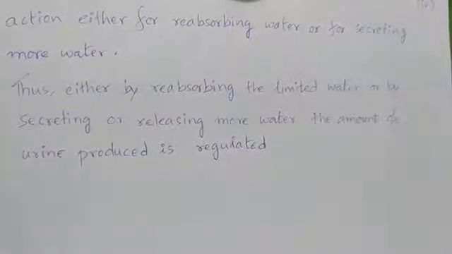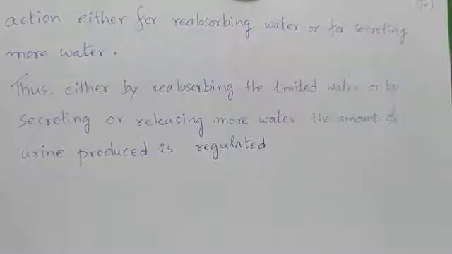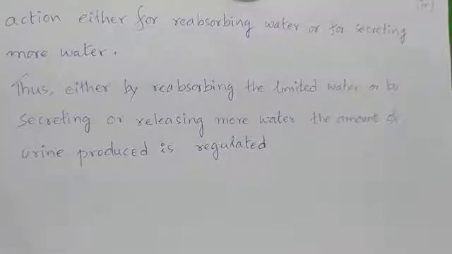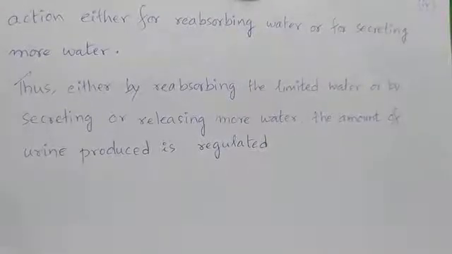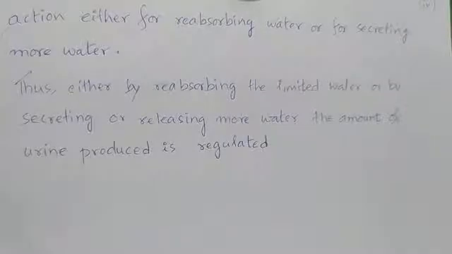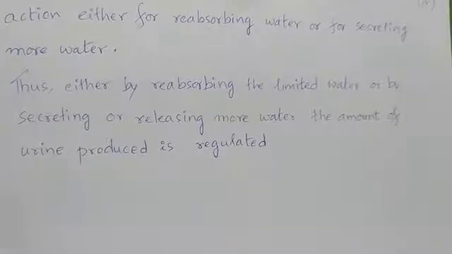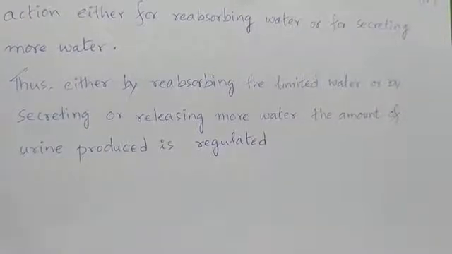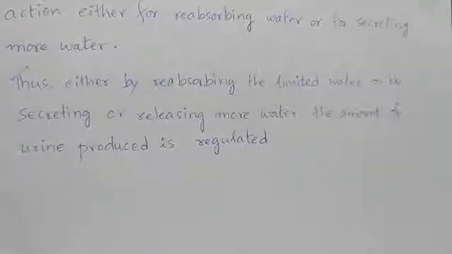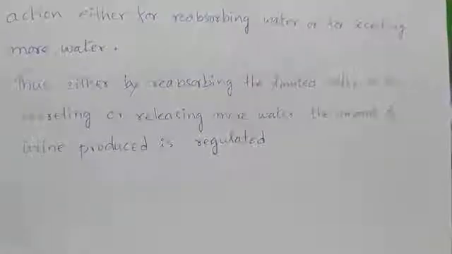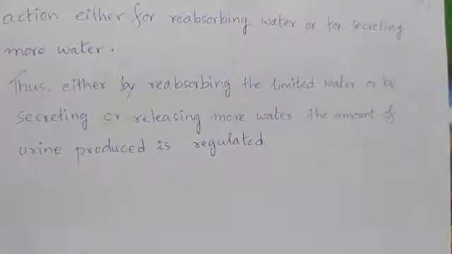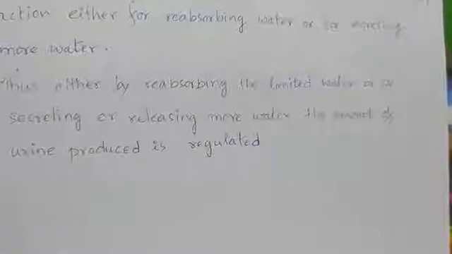So, either for reabsorbing water or for secreting water, the brain will be commanding. That is decided by the signal that is sent to the brain. Thus, either by reabsorbing the limited water or by releasing the excess water, the amount of urine that is produced is regulated.